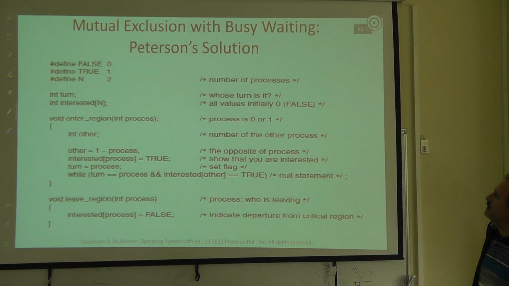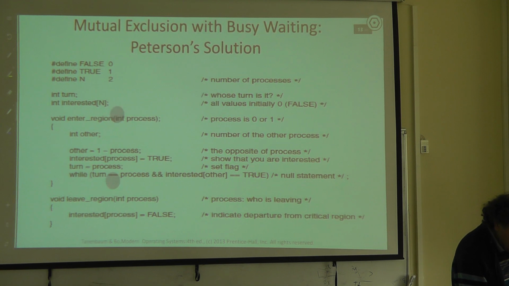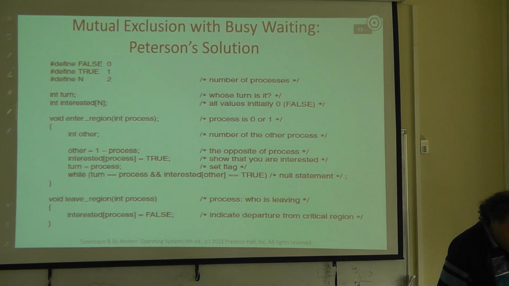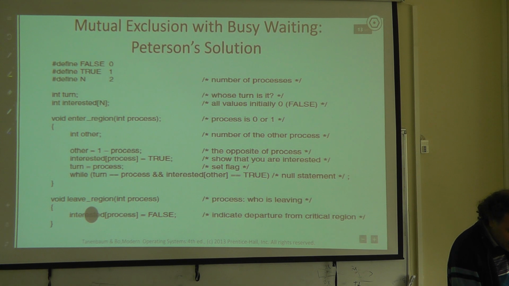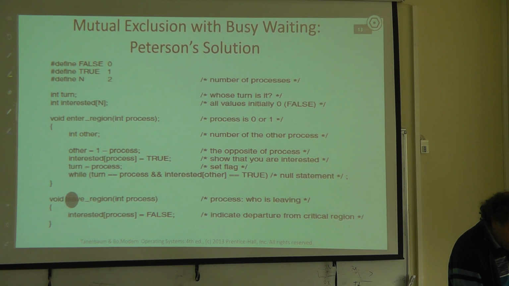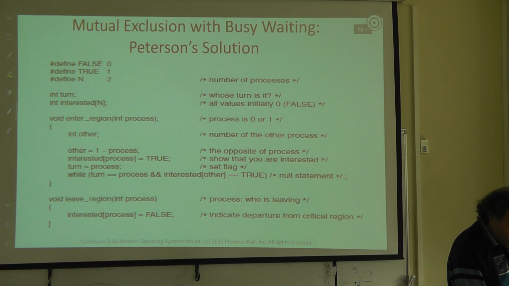This is the code, very simple code. There are two functions. You call enter region when you are entering your critical region. If the region is available, it immediately returns and you continue with your work. When you are leaving your critical region, you call the leave function.